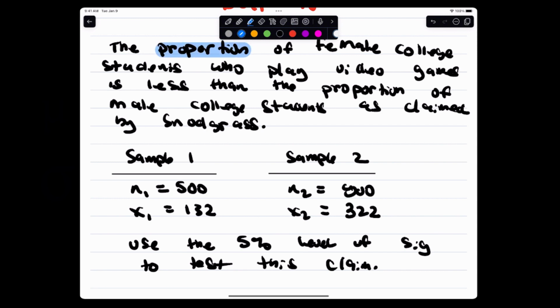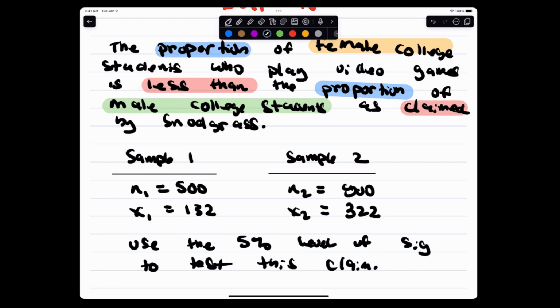The proportion of who? Female college students who play video games is less than the proportion of who? Male college students, as claimed by Snodgrass.